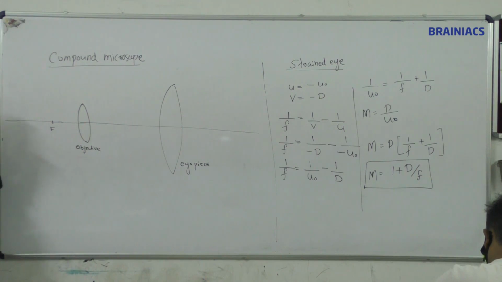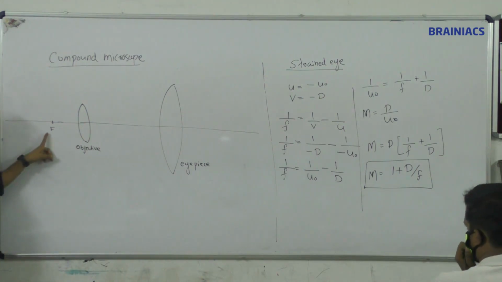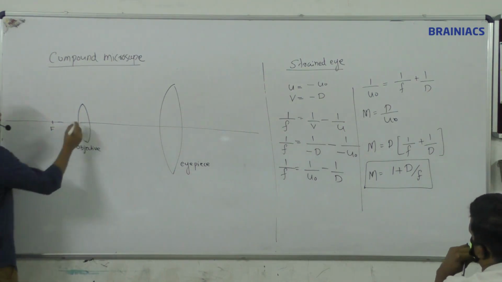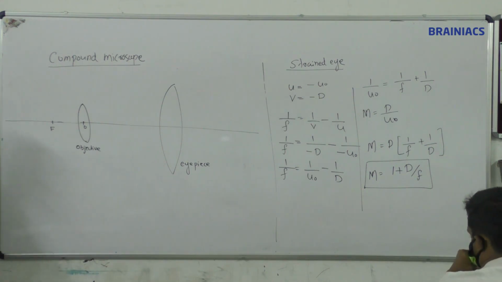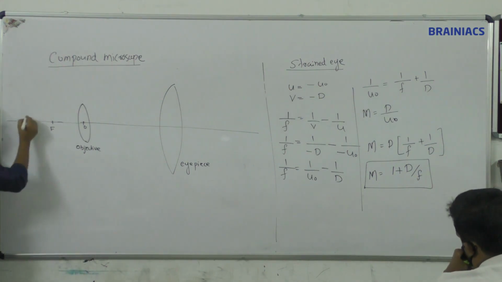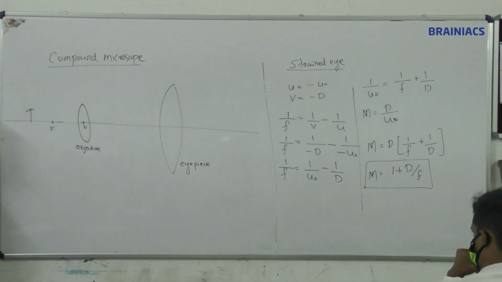But I am not placing the object between F and the optical center. I am placing it somewhere beyond F. It may be between F and 2F, or at 2F, or beyond 2F. Anywhere you can place it. So this object will definitely form an image.